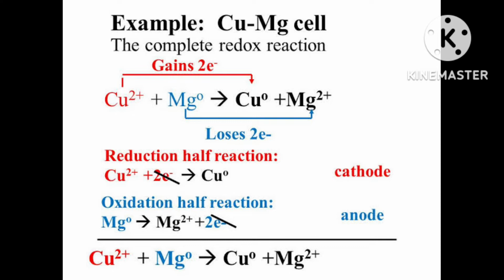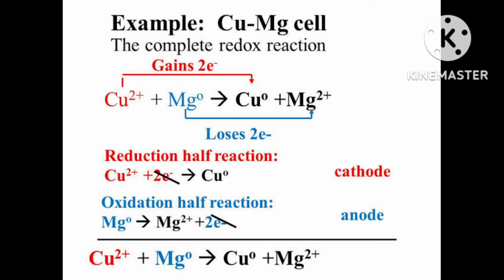Then what will be the total reaction? On the left side Zn was there, and on the left side the copper ion was there. Hence on the left side you write Zn plus Cu2+. On the right side, in oxidation Zn2+ was there, and for the reduction, what was remaining on the right side?